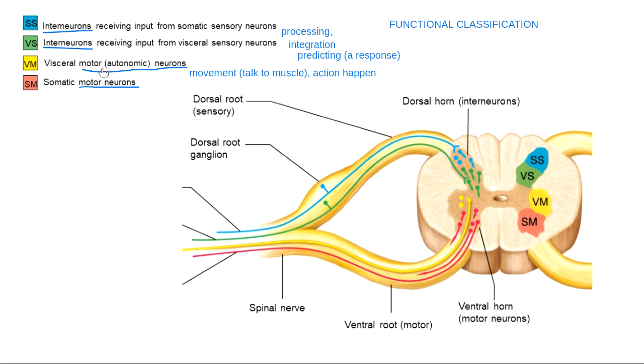Who's missing? What's the other functional classification of neurons? Yeah, a couple of us are chiming in here. That last kind that's missing, which when we talk about reflex arcs is the first kind that we care about, is called sensory neurons. Sensory neurons.